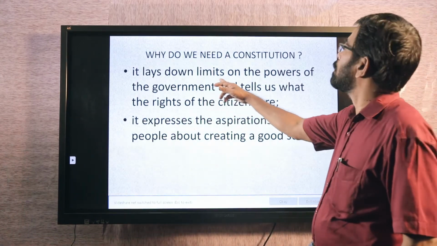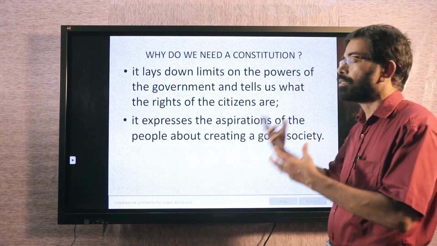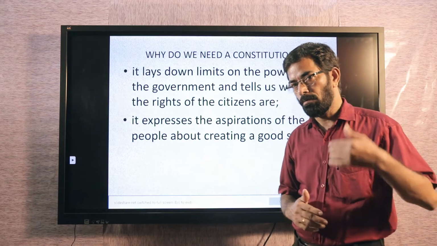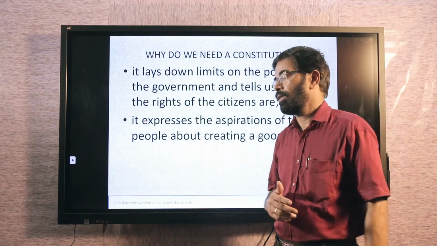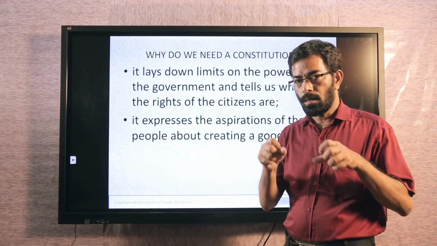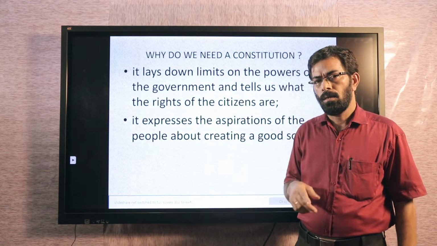It lays down limits on the powers of the government and tells us what the rights of the citizens are. So once the government is formed, it does not mean that the government can act however it likes. There is always a control over such governments by the constitution.